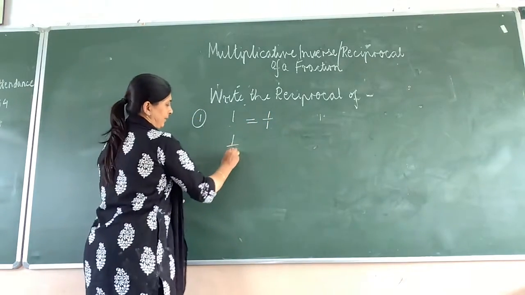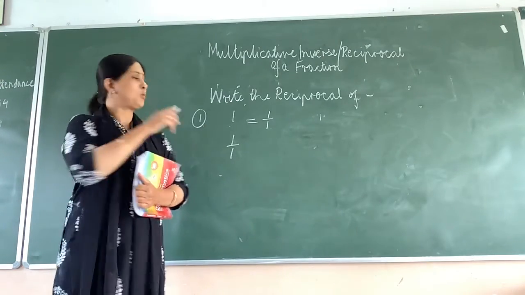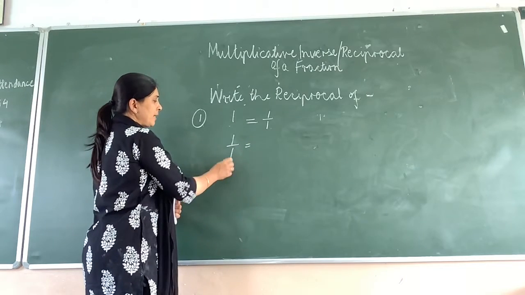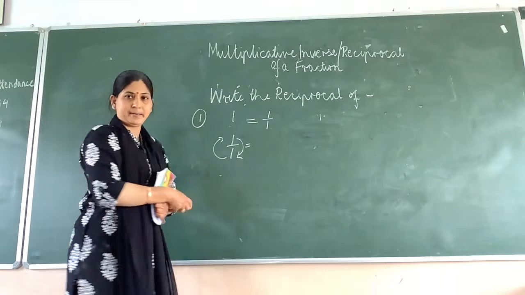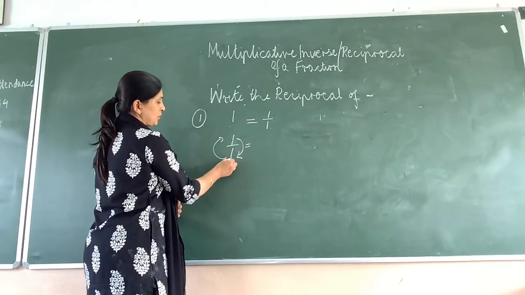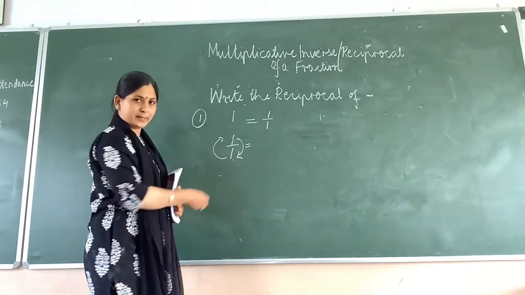Now what is the multiplicative inverse or reciprocal of 1 over 1? Children, what will it be? We switch the numerator and denominator, isn't it? The 1 in the denominator will go to the numerator place and the numerator will come to the denominator's place.